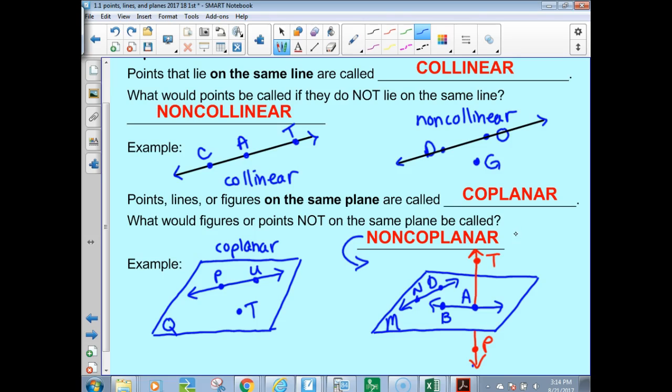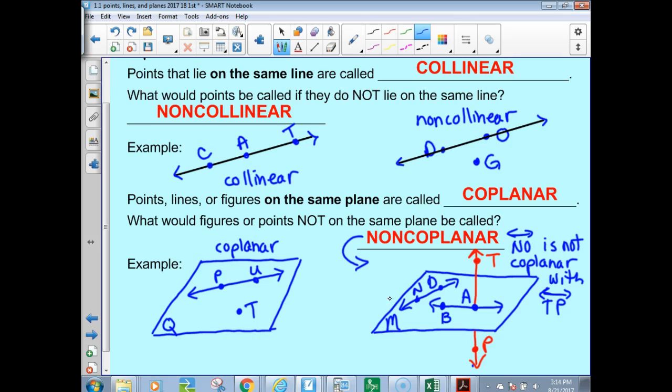Okay, so line NO is not coplanar with line TP. See how those are never going to meet?